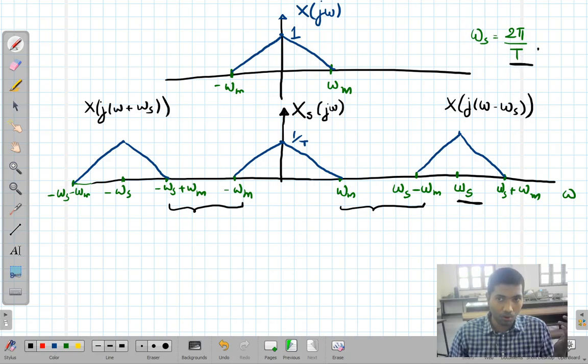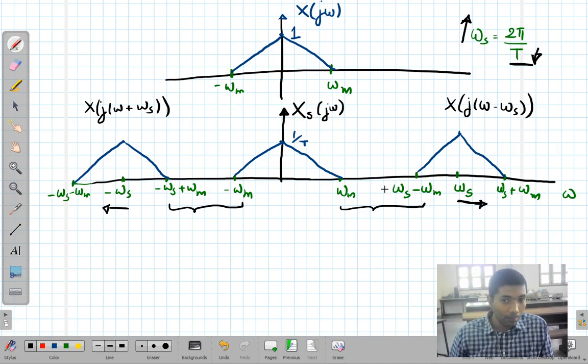If T is very small, that means we are sampling at very near intervals, what will ωs be? ωs will be high, and hence it will be more towards the right and more towards the left on this side. In that case, there will be a gap between ωm and ωs - ωm.